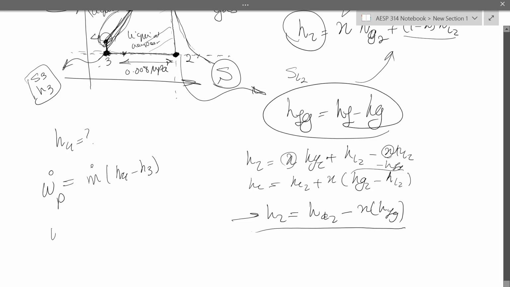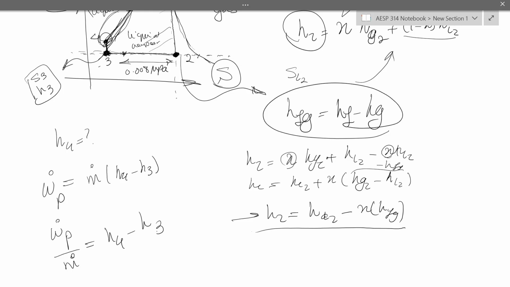We can take the m dot to the other side. But do we have the work done by the pump? No. Do we have m dot? No. What should we do?